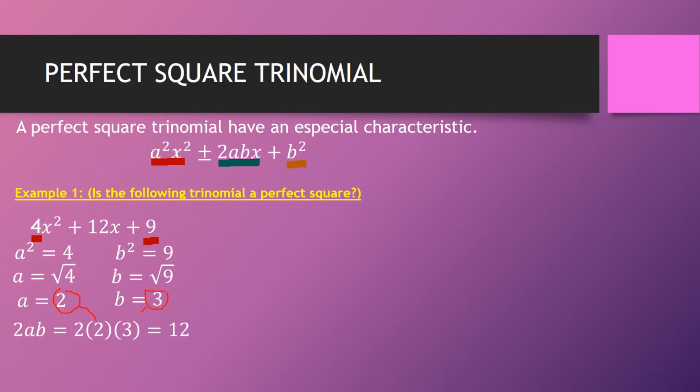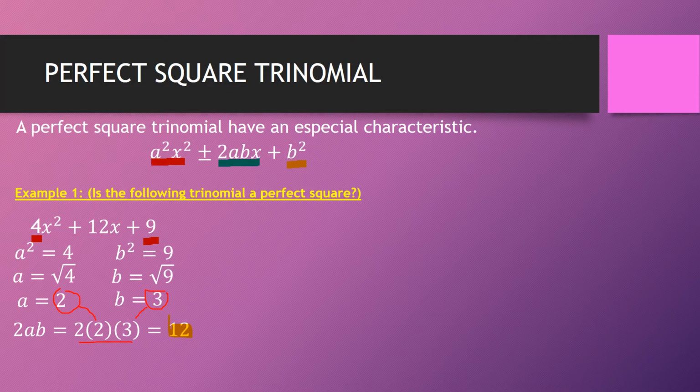Now you multiply 2 times 2, which is the square root of 4, times 3, the square root of 9, and when you do the product, our answer is 12.